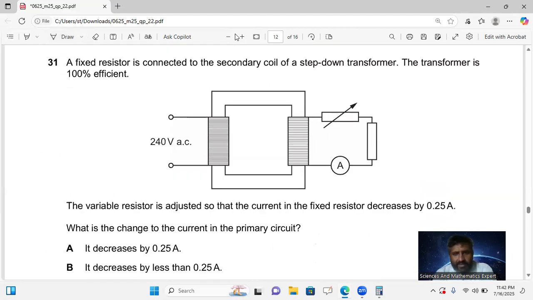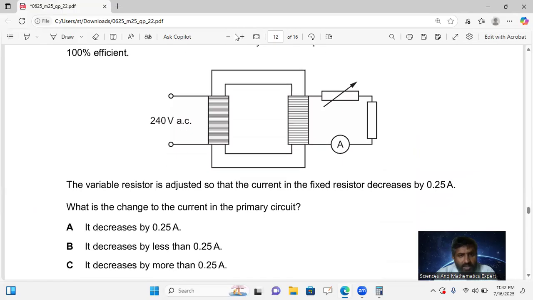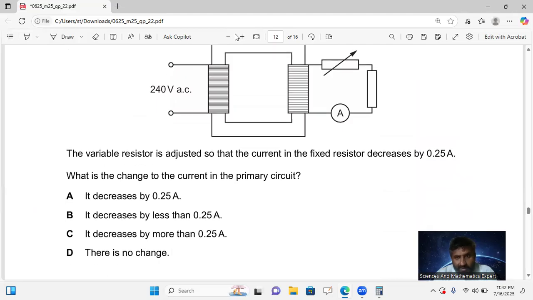A fixed resistor is connected to the secondary coil of a step up or step down transformer. It means the secondary number of turns is less. The transformer is 100% efficient. The variable resistor is adjusted so that the current in the resistor decreases by 0.25 ampere.